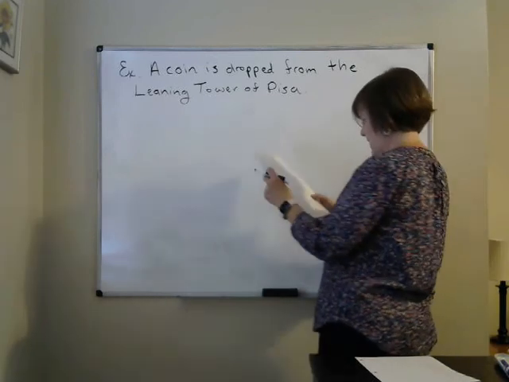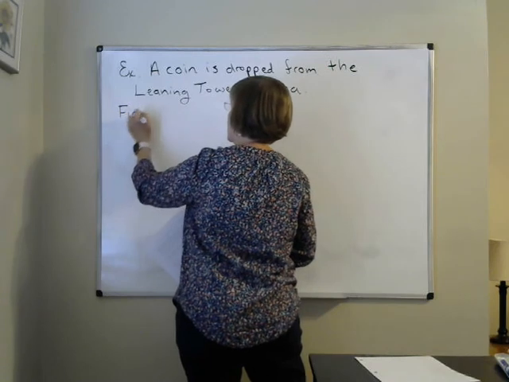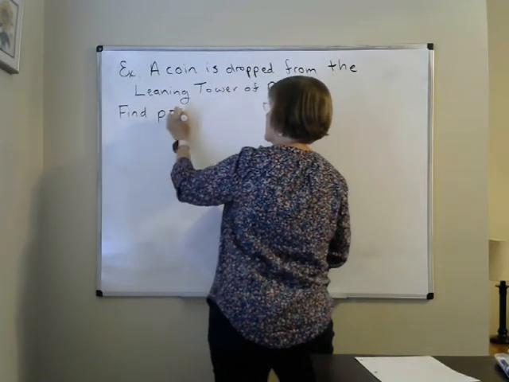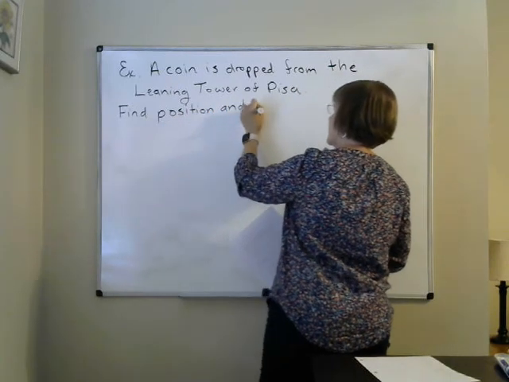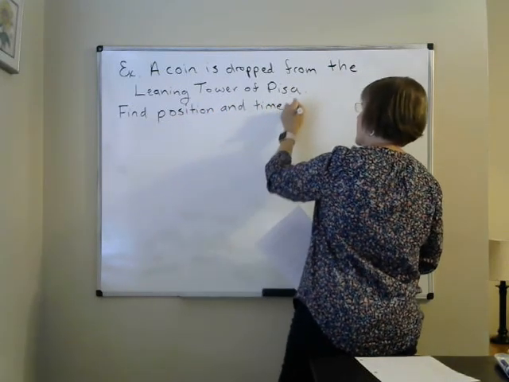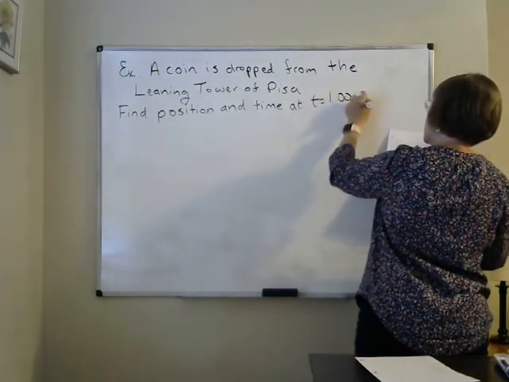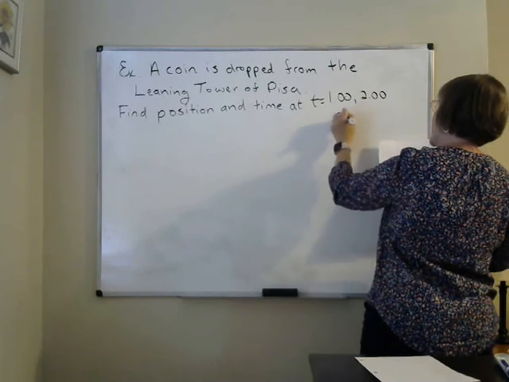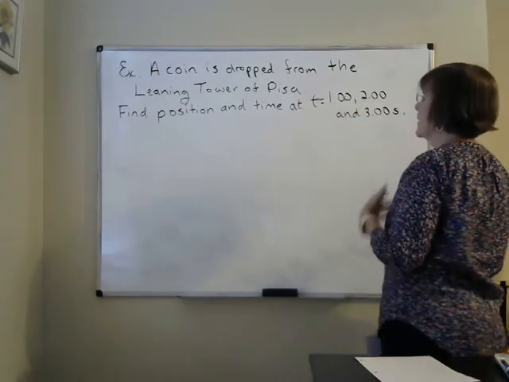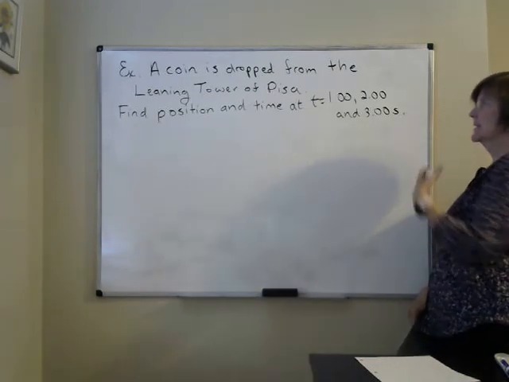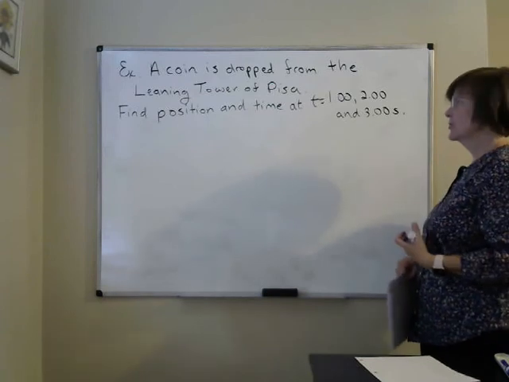We're asked to find two things. Find position and time at t equal 1, 2, and 3 seconds. And we'll try to keep everything to 3 significant digits. Since I gave us the time in 3 significant digits, we know the acceleration.